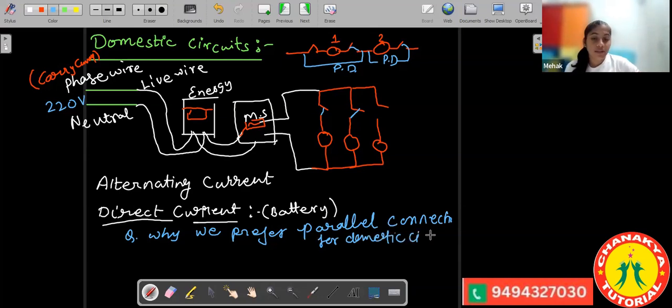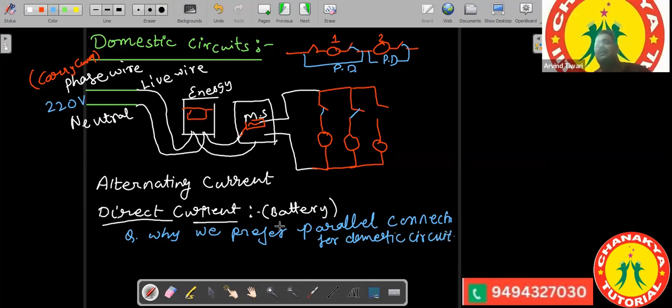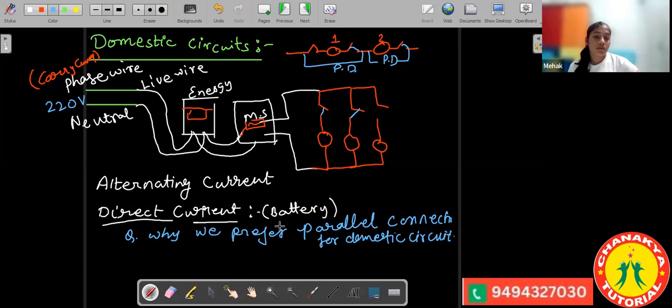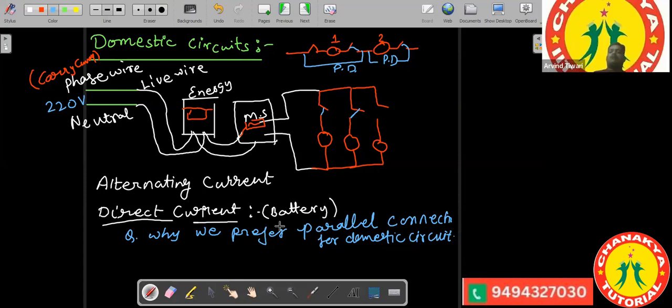In parallel connection, we don't need a larger voltage. Whatever power rating we are making, suppose in the USA they are supplying at 110 volt, all the devices are manufactured to run at 110 volt, not at 220 volt. So whatever you want, you can make it.